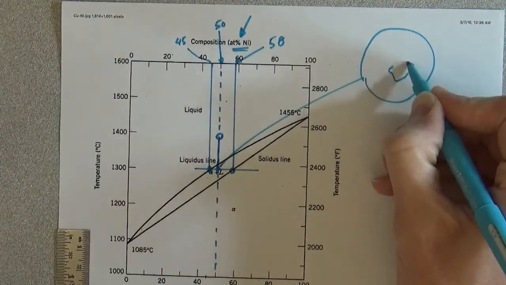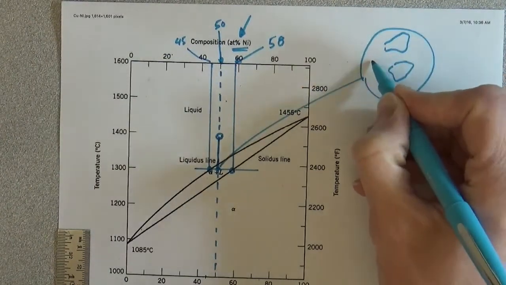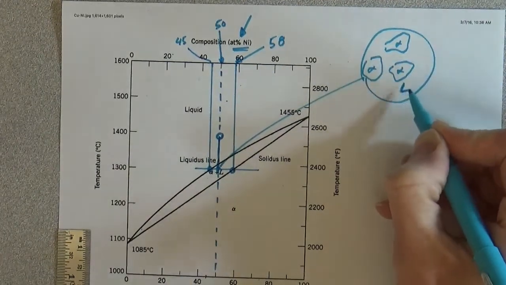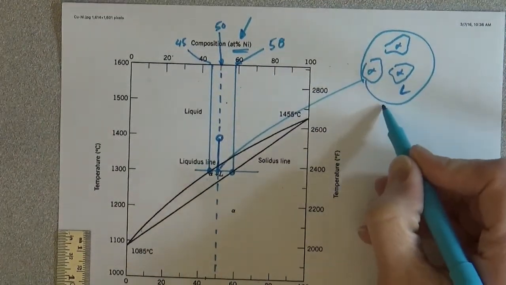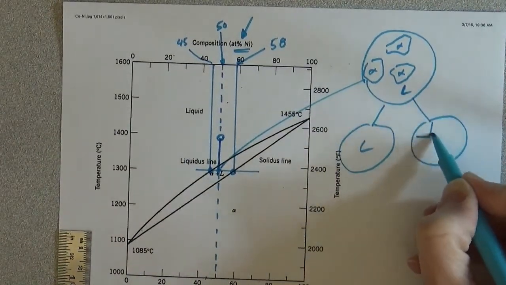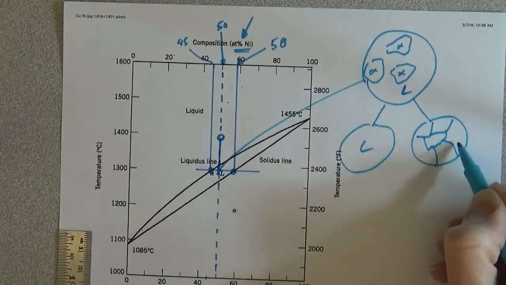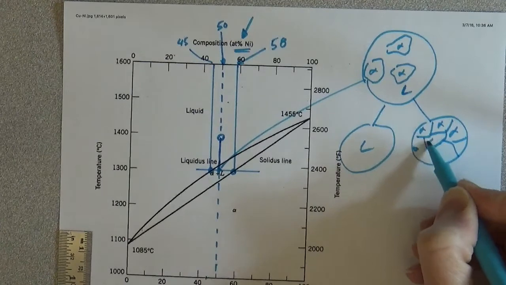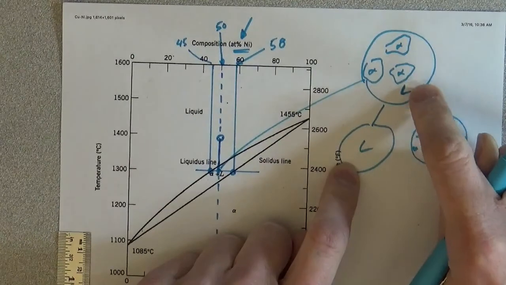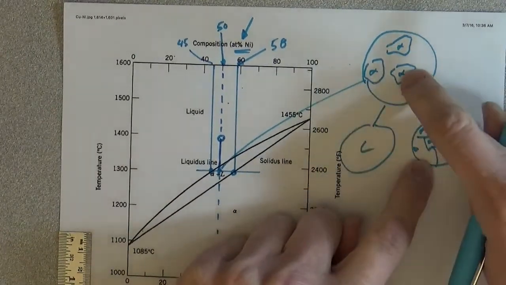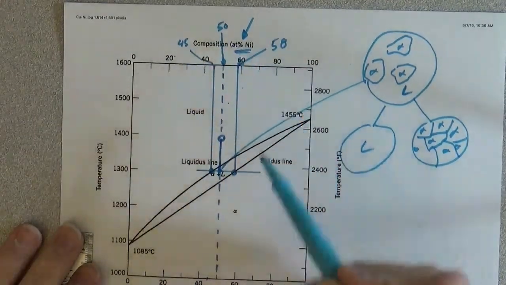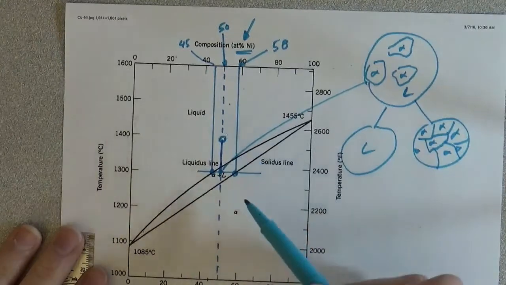That's telling us that if we have alpha, alpha, alpha and liquid, if we could then separate out just liquid and just alpha, what fraction of the total system is made of liquid, what fraction of the total system is made of alpha, and we can specify that in atomic percent or in weight percent. We're going to do it in atomic for this example.